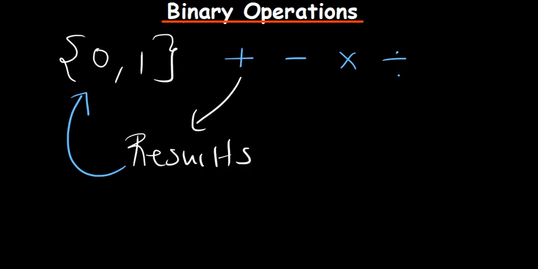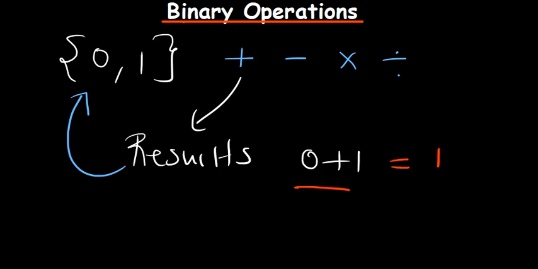What does that mean in action? If we look at the two numbers we have here, 0 plus 1, which I think is the only operation we can have on two different things, is definitely going to be a 1.